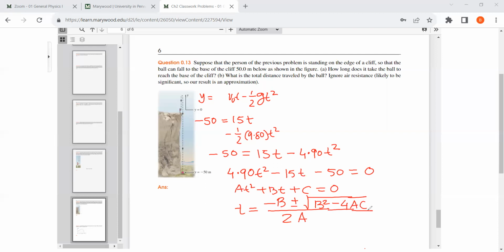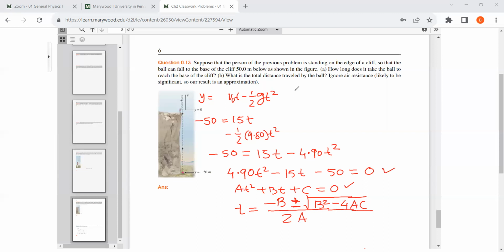So this would be the solution. And here you see that we have two solutions, one for positive, one for negative. Now if we compare this equation with this equation, t will be something like this.